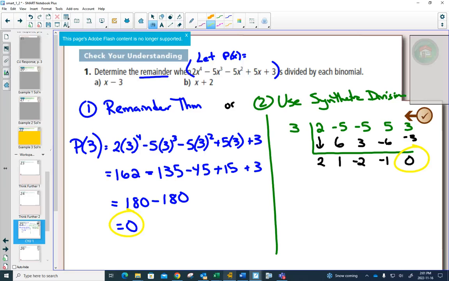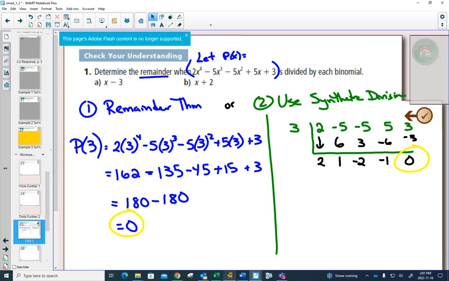Which did you like better? Synthetic division? Good. Definitely I think synthetic division is better here. Why? Mental math wise, the biggest multiplication you had to do in synthetic division was 3 times 2.